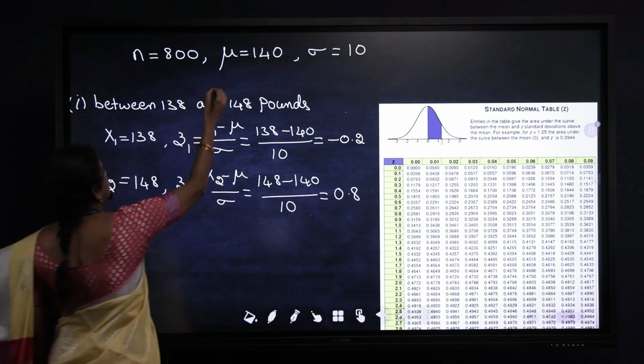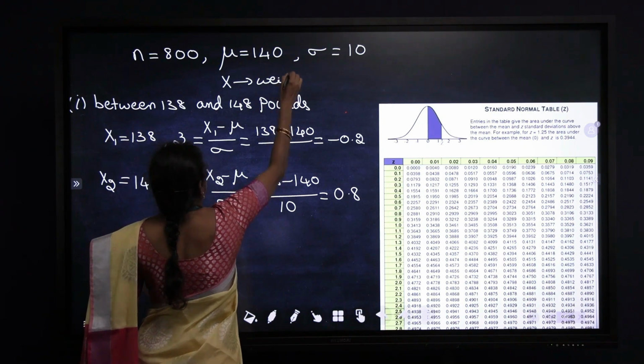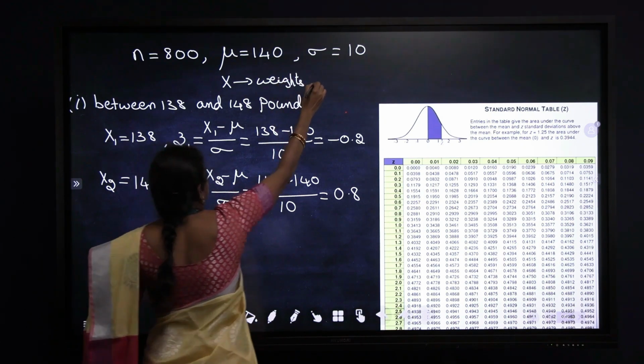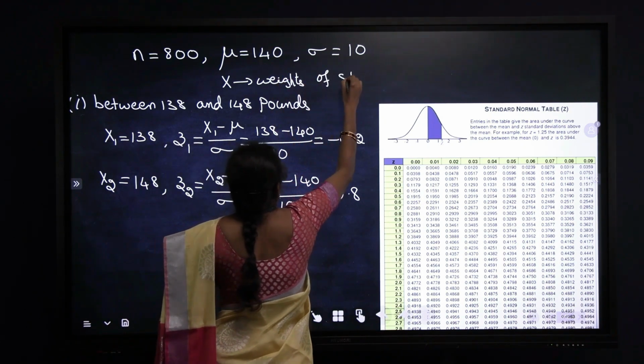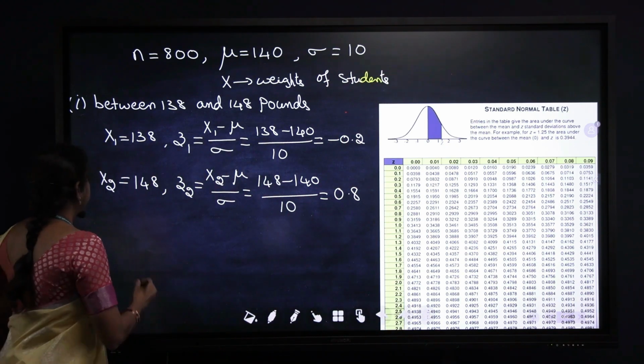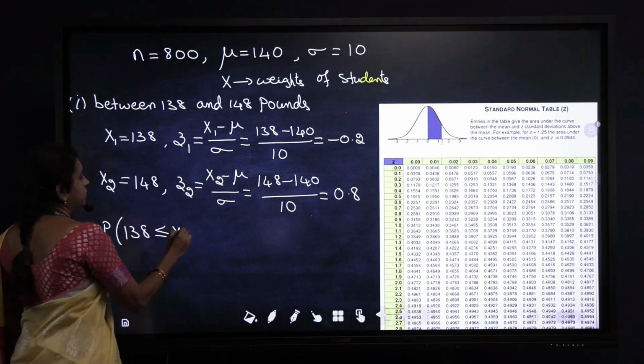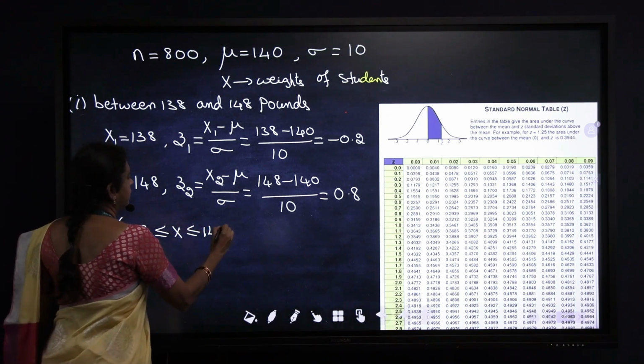So if I define random variable x as weights of students, we have to find the probability value between 138 and 148. So 138 less than or equal to x less than or equal to 148.